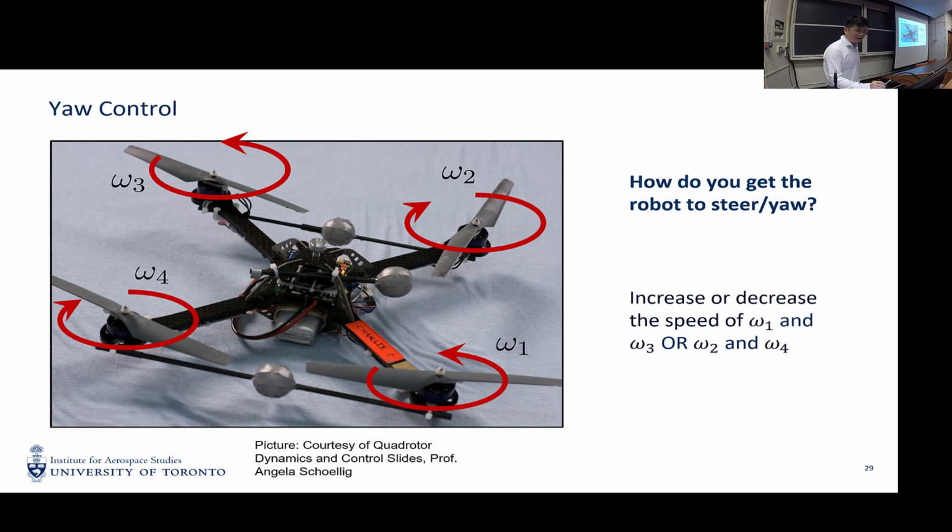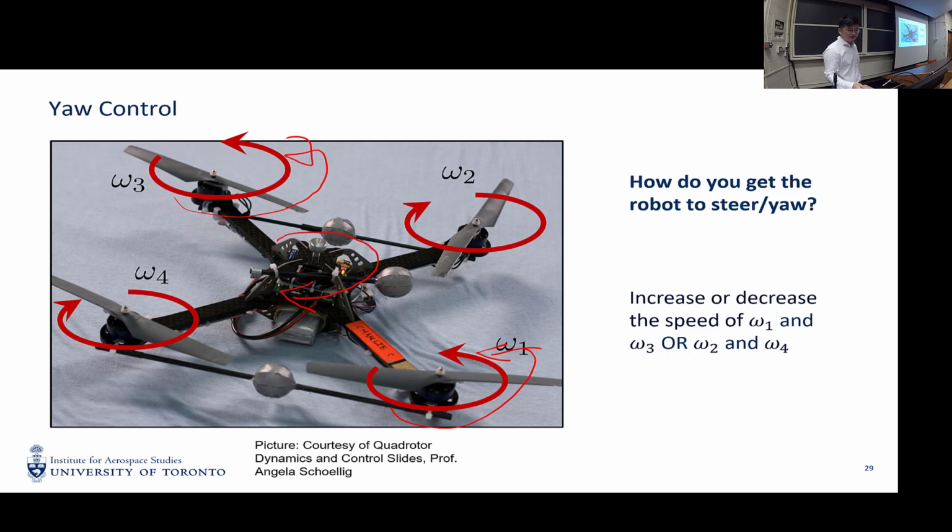omega-3 and omega-1. If we increase the spinning velocity of these two propellers, it will increase the moment. It's basically a drag on the quadrotor from the propeller, so it will have a resultant drag in the opposite direction.